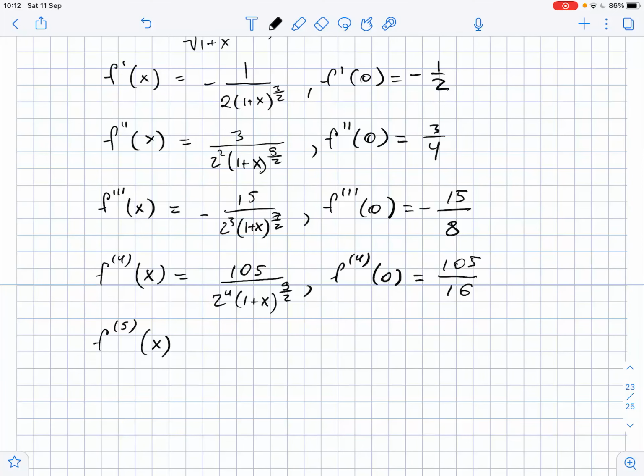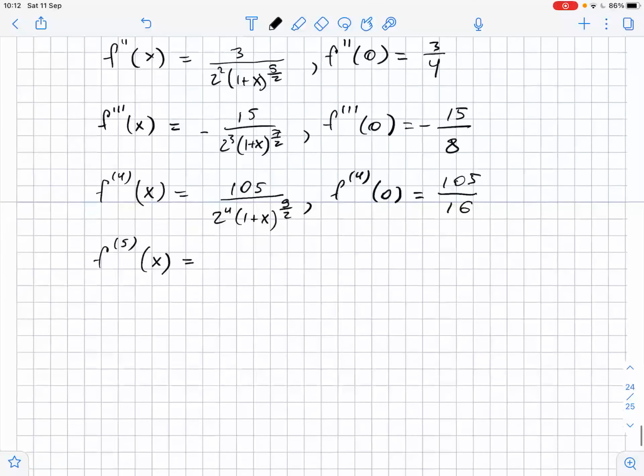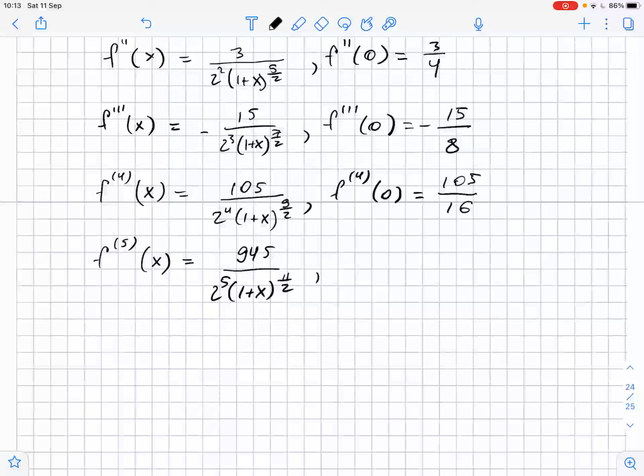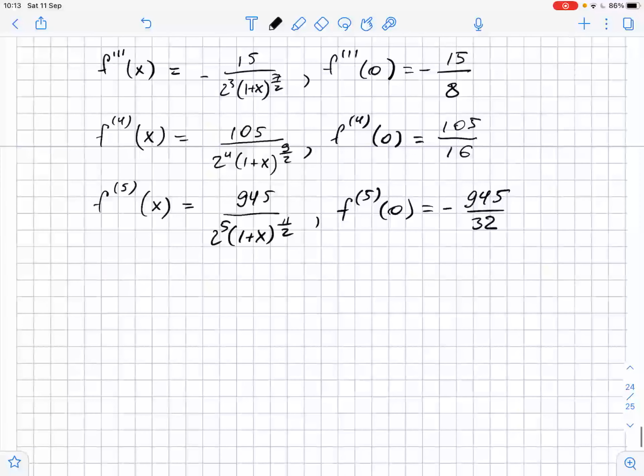The fifth order derivative of f of x equals 945 over 2 to the fifth power times 1 plus x to the power of 11 over 2. Then the fifth order derivative of f of 0 equals negative 945 over 32.